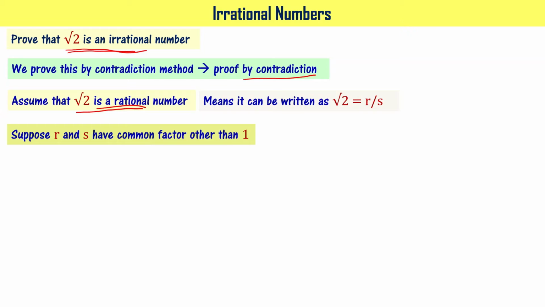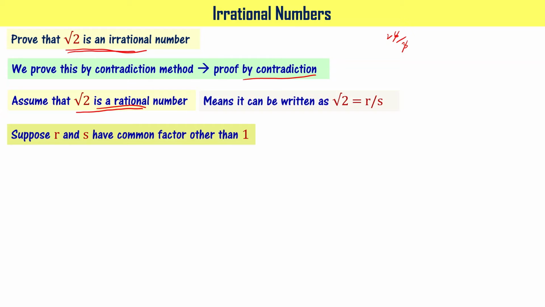Let's say that r and s have a common factor other than 1. For example, 3 and 6. If you have two numbers, the common factors are 1 and 3, right?